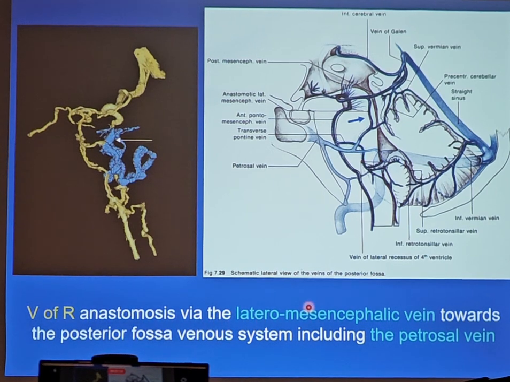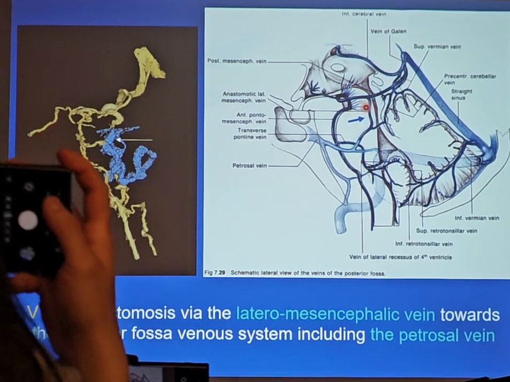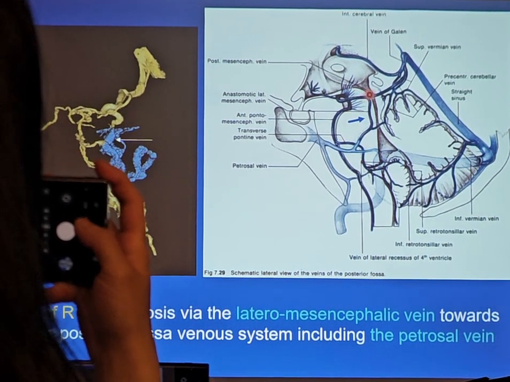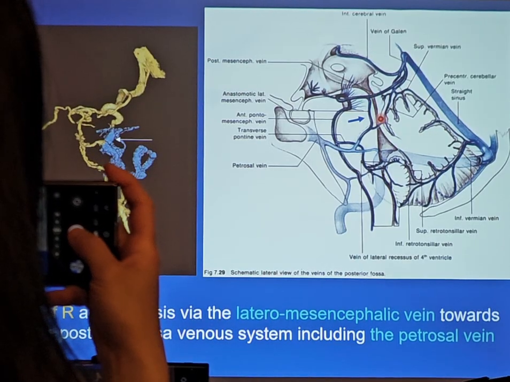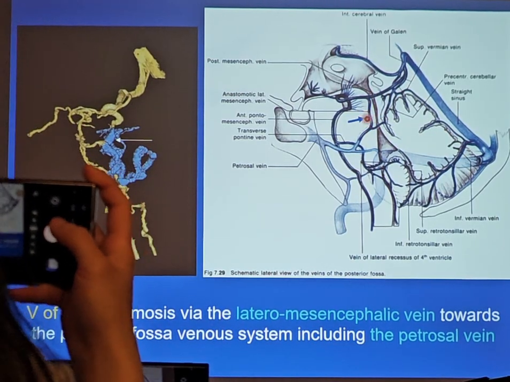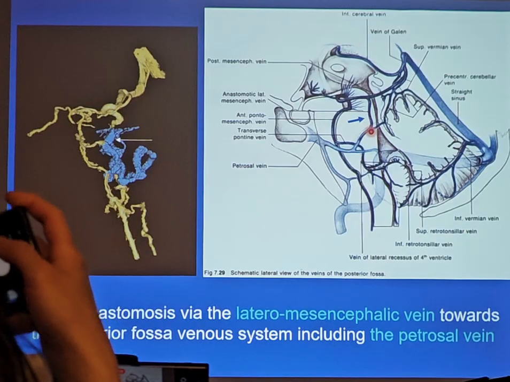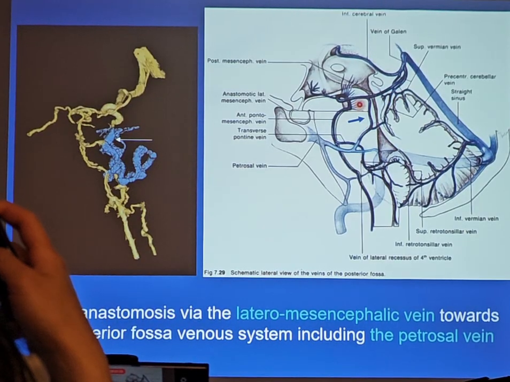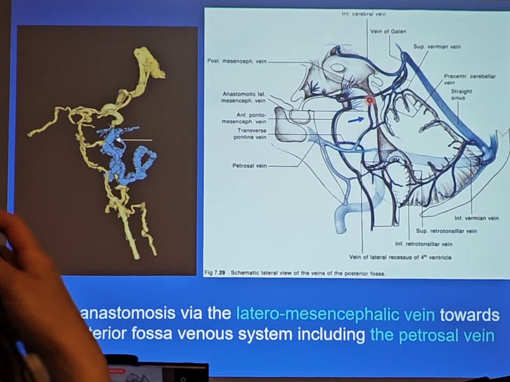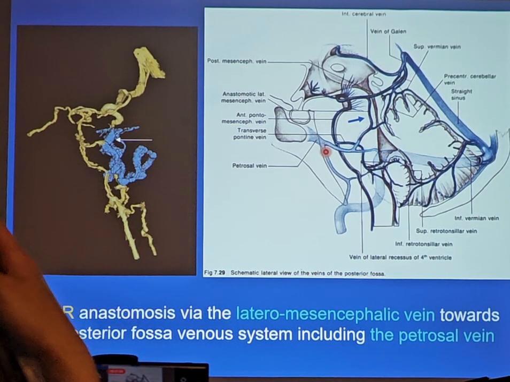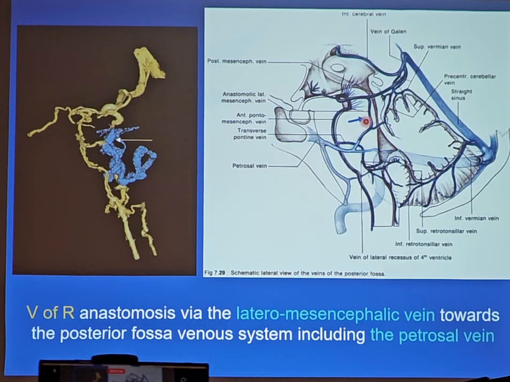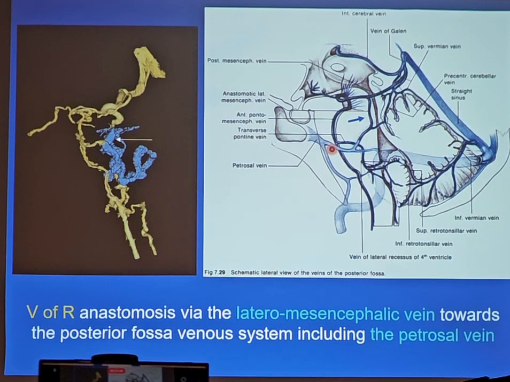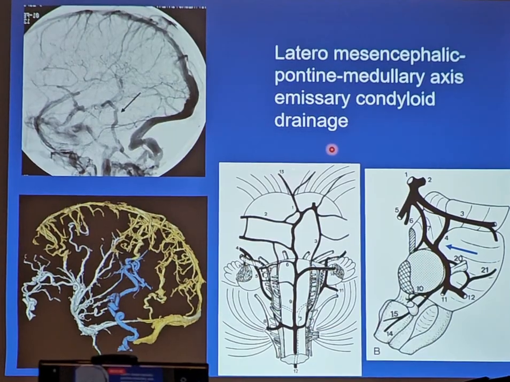Anastomosis between the supratentorial and infratentorial system, or the deep venous system and the posterior fossa system, is through these lateral mesencephalic veins. Very important venous structure that allows drainage of the deep venous system, including the vein of Rosenthal, towards the posterior fossa circulation and through this collateral anastomotic channel, reaching the petrosal venous system, the petrosal sinus.